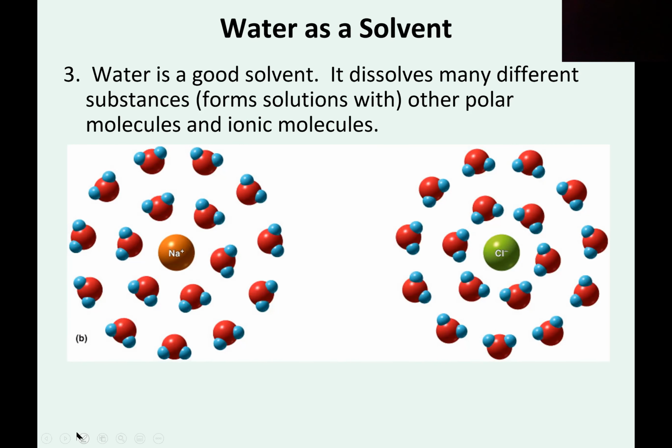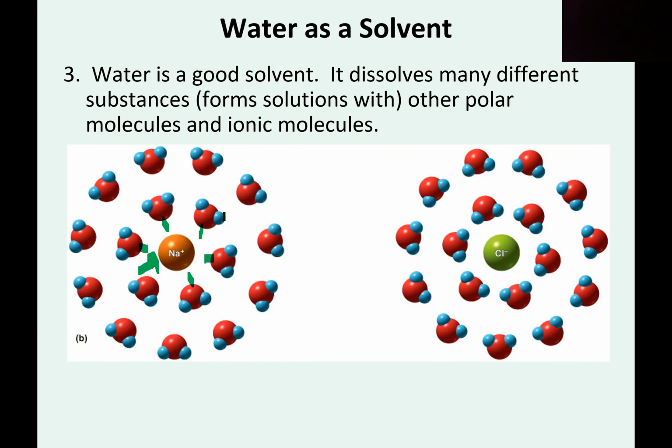You can see the sodium ion here in the middle, and it's the oxygen end that's attracted to it. But notice you have lots of water molecules surrounding the single sodium.